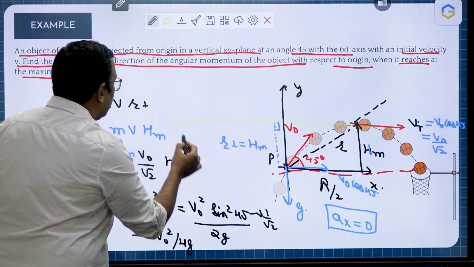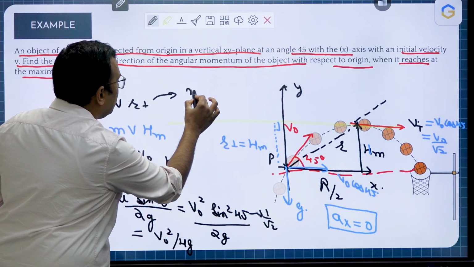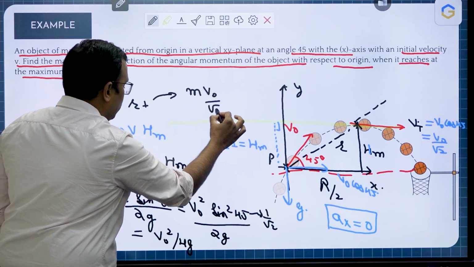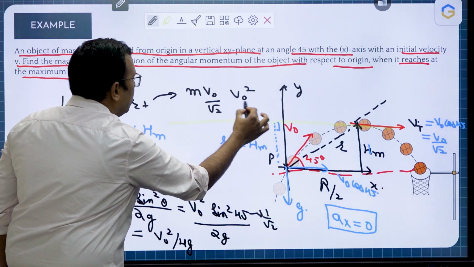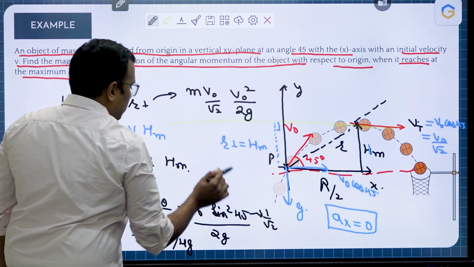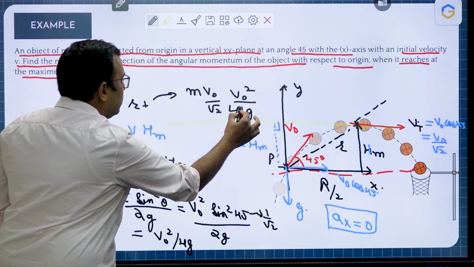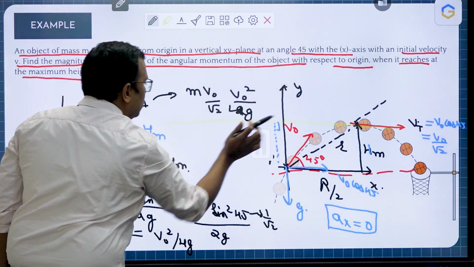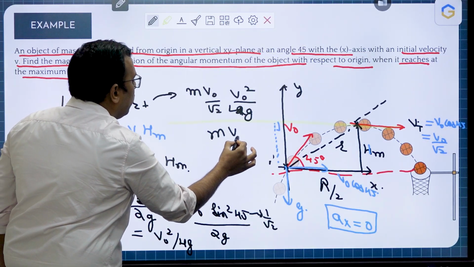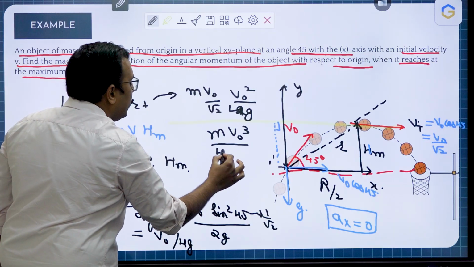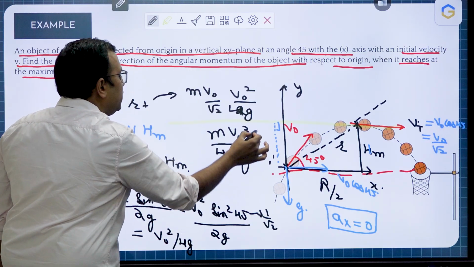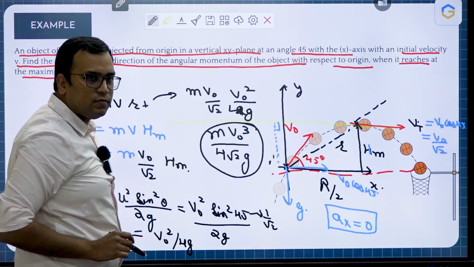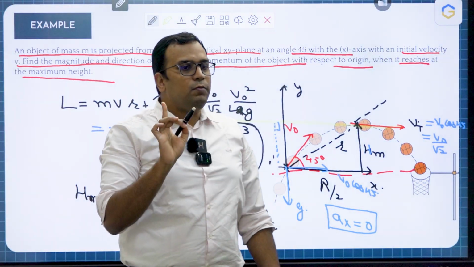So the angular momentum over here can be written as m v0 by root 2 into v0 square by 4g. So this becomes m v0 cube by 4 root 2 g. This is the answer.